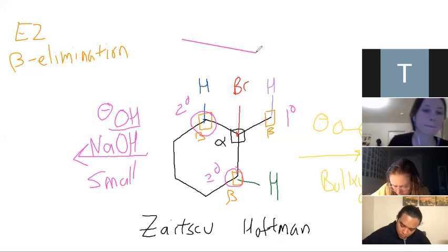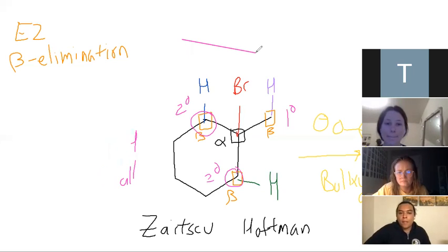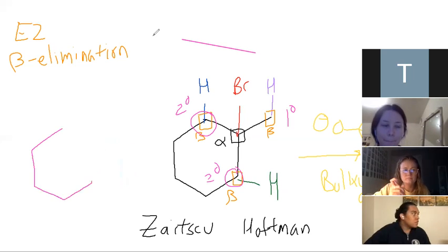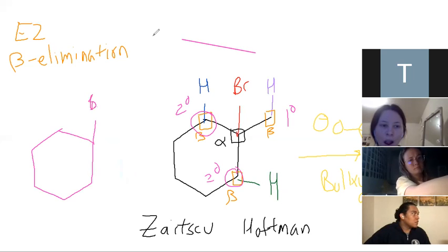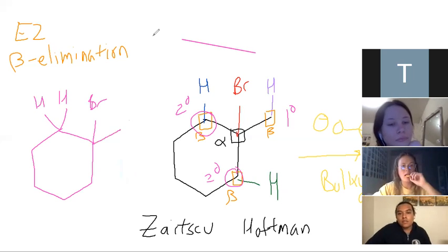Also, a way to think about it is, I'm going to erase this over here and just draw this again with a little more detail. So we have our Br. We have two hydrogens here, and then we have this C, and this has 3 hydrogens.